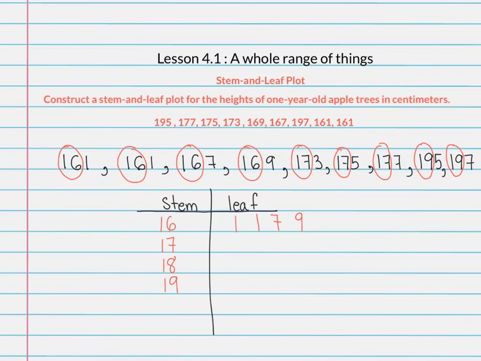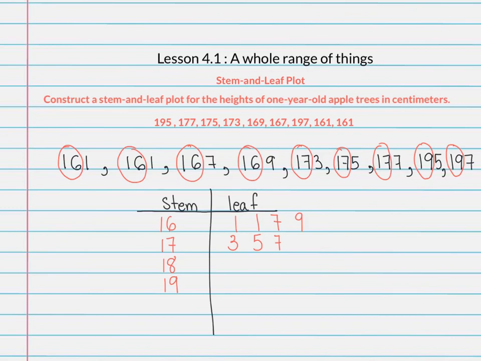So we write it next to the 17 as a stem and 3 as a leaf. 175, 17 stem and 5 leaf. 177, 17 as a stem and 7 as a leaf.